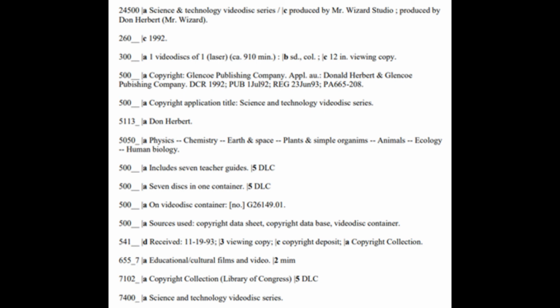This item is from the Library of Congress copyright collection. Then 740, this is an added entry, series. This is a series statement. Series added entry for series. So Science and Technology Video Disc Series. Okay, so that's it.